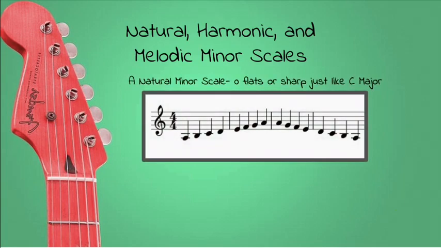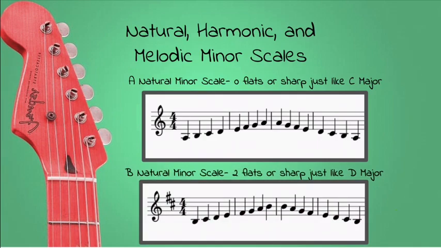I tend to use A minor as an example because there are no sharps or flats, but don't forget it works on any note. B minor uses the key signature of D major, again because it's a minor third higher, but it starts on B instead of D.